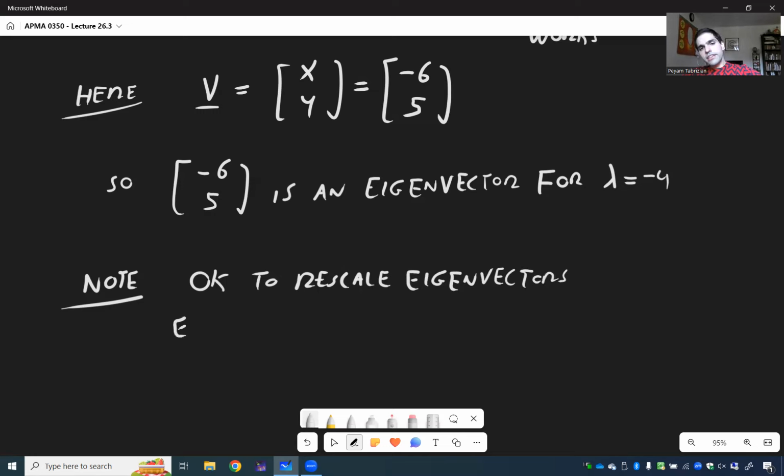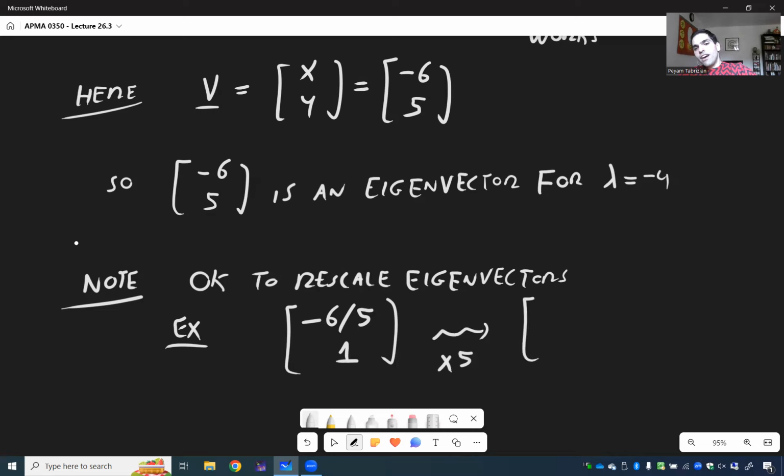What I mean by this is, suppose you found maybe minus 6/5 and 1. It's okay to multiply both sides by 5 to get minus 6 and 5. Both of them are legit eigenvectors. Although I may ask you in answers to use integers here.